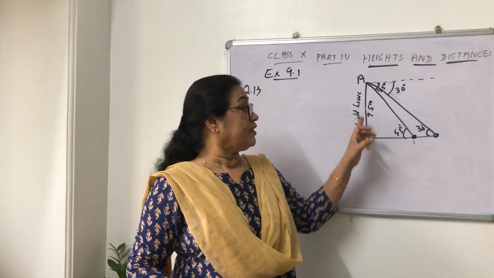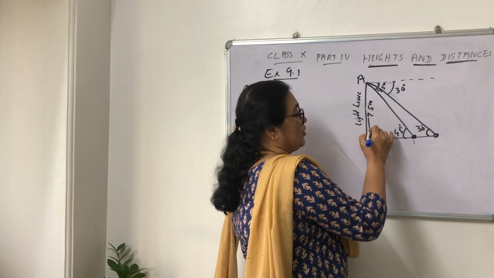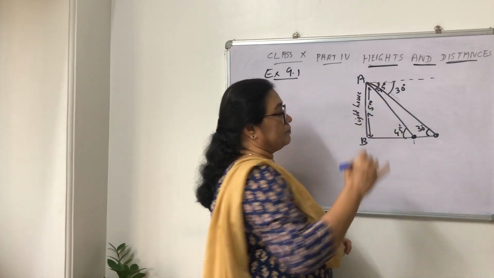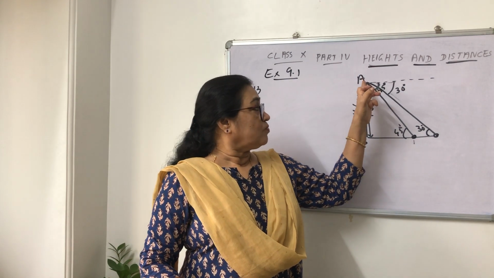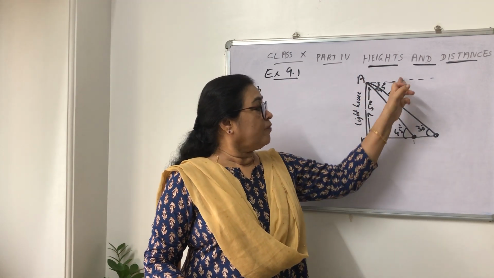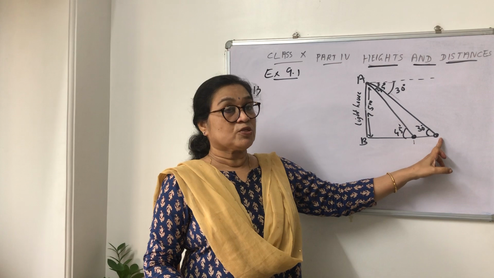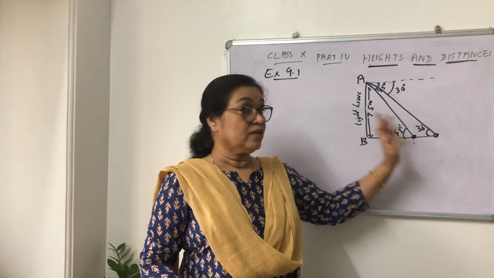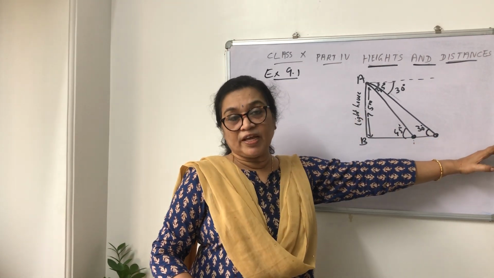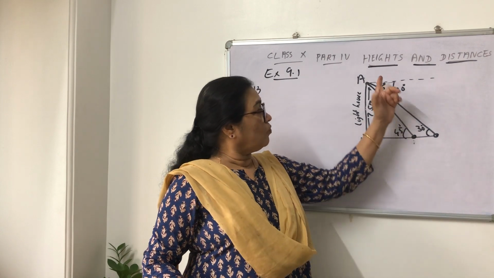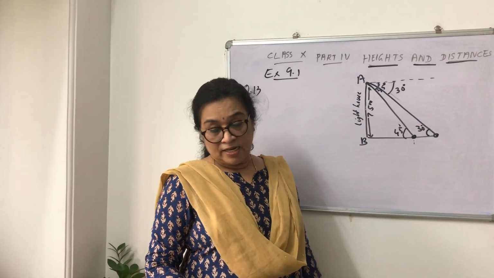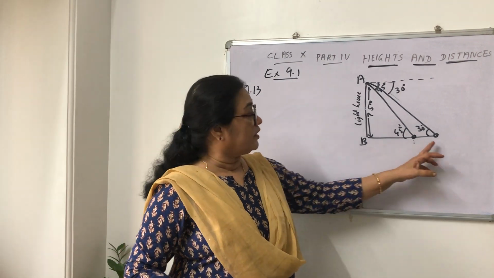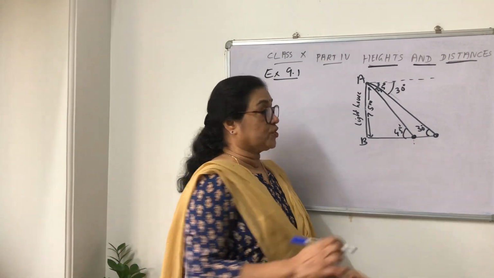A lighthouse of height 75 meter. From the top of this lighthouse, the angle of depression of two ships, one behind the other, on the same side of the lighthouse, is 45 and 30 degree. You need to find out the distance between these two ships.